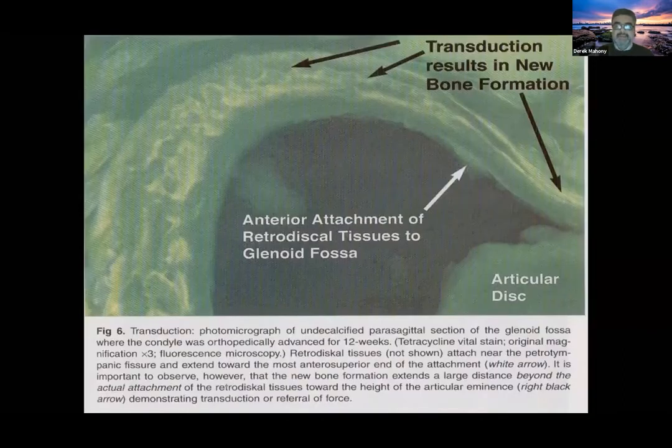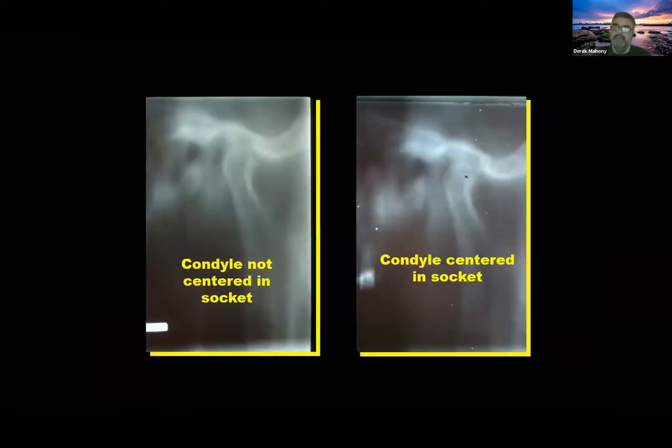But then if you look at Rabi's research, you can see how, using photomicrographs of undecalcified parasagittal sections of animals that have had fixed functional appliances, the tetracycline vital stain shows you that new bone I was trying to draw, right? So it's a very well documented protocol.